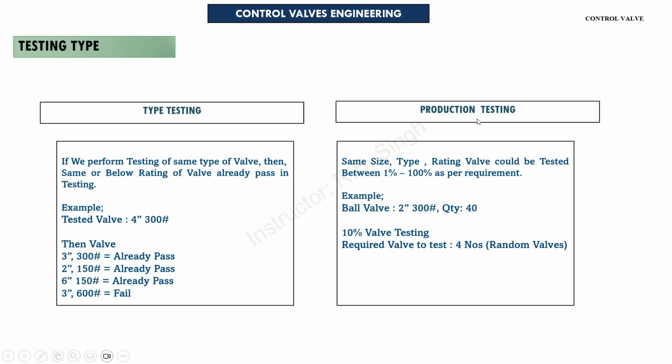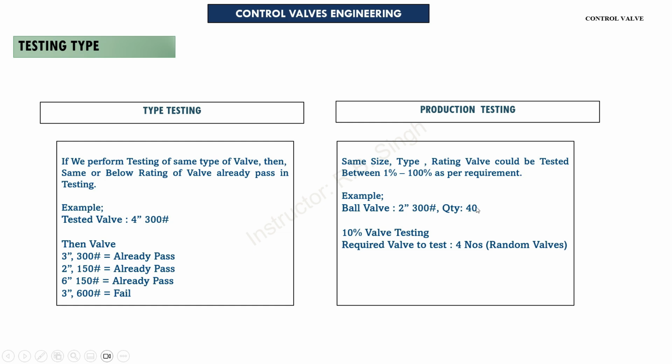Now in production testing, sometimes you have similar types of multiple valves, like isolation valves, with the same size and same rating and so many valves. Suppose in your project there are ball valves and 2 inch 300-pound rating valves, quantity 40. So you do not need to test all the 40 valves.